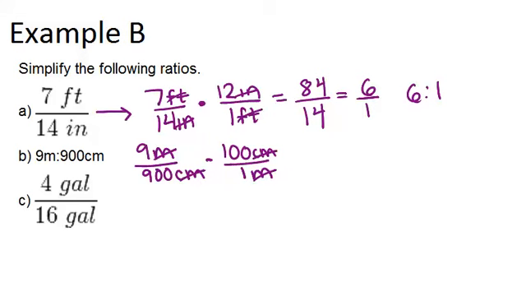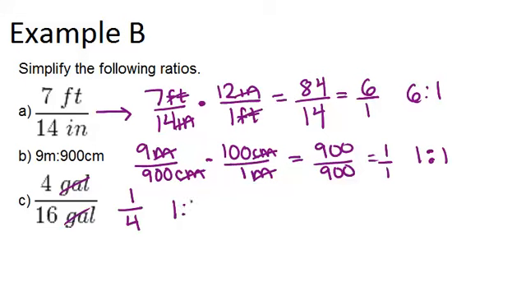And now I can multiply everything out, and I get 900 over 900, which is really just 1 over 1. So the ratio is 1 to 1. In the last part, part C, both parts of my ratio are in gallons, so I don't need to do any conversion there. The gallons cancel each other out, and I can just reduce the fraction to 1 over 4 or 1 to 4, depending on how you want to write it.